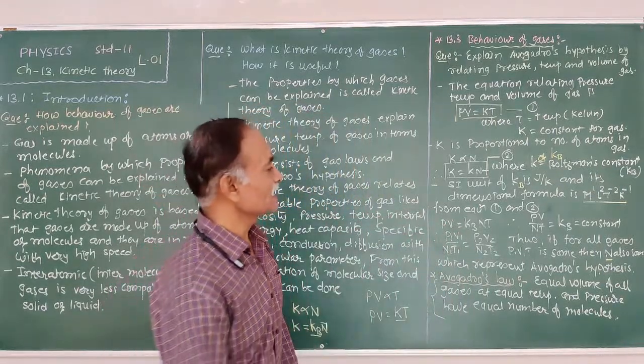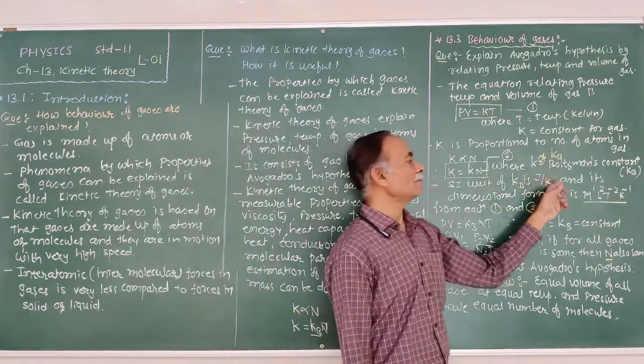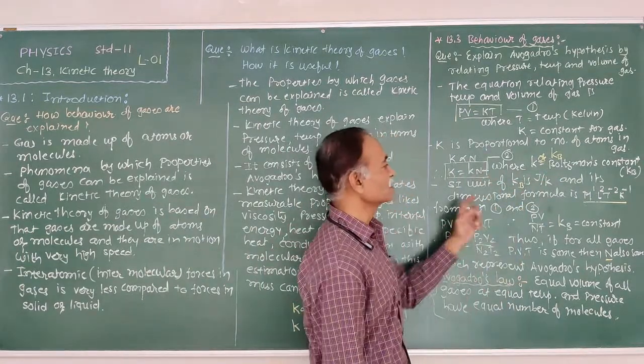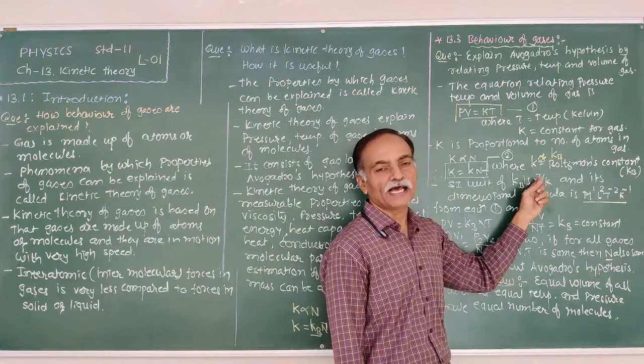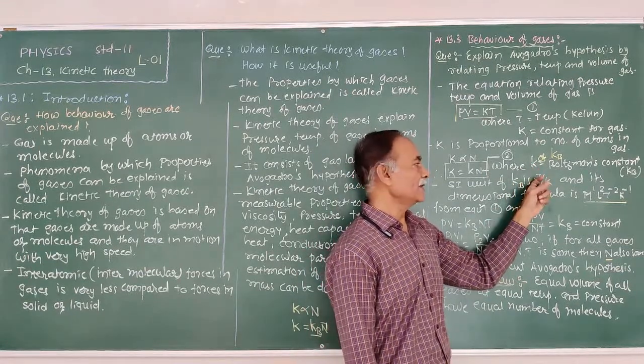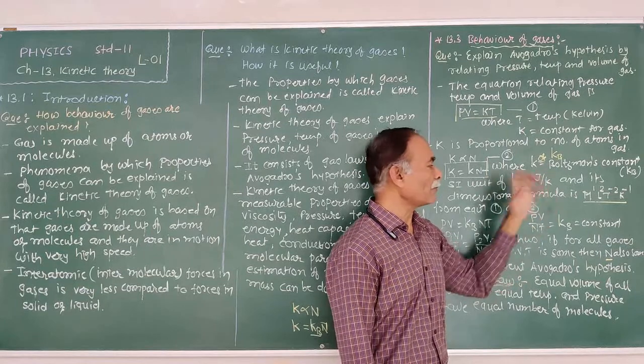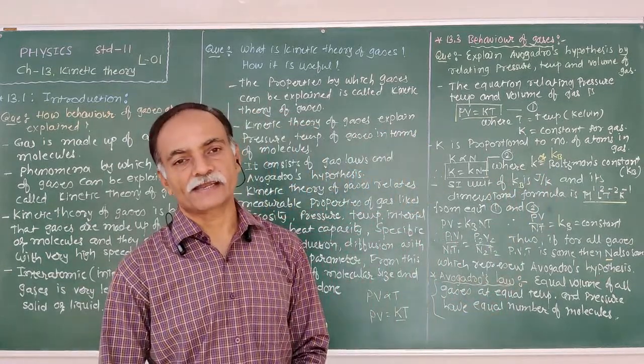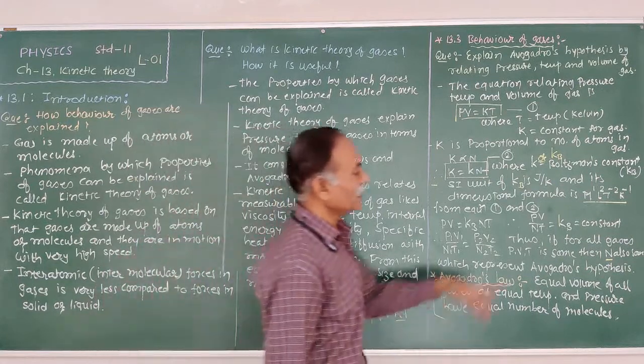Its SI unit is Joule per Kelvin. Its dimensional formula: Joule has the dimensional formula M1 L2 T minus 2, upon Kelvin, that means temperature is K1 taken in the denominator, so K minus 1 in the numerator.